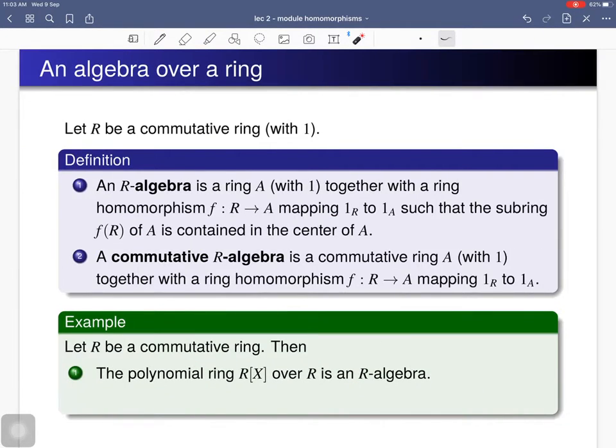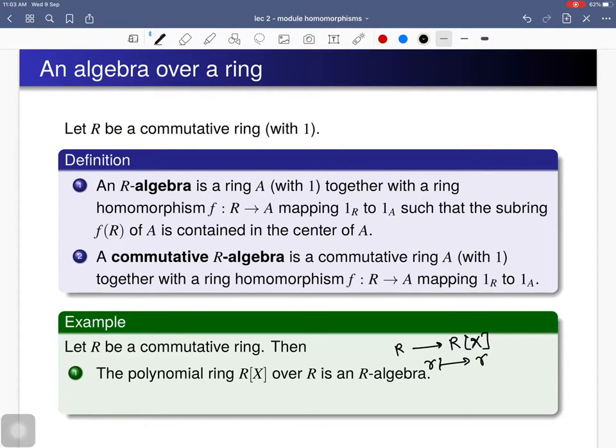So here are some examples of R algebra. Let R be a commutative ring, of course with identity. Then the polynomial ring in one variable over the ring R is an R algebra, because we can define a ring homomorphism where R goes to R[x], sending r to the constant polynomial.